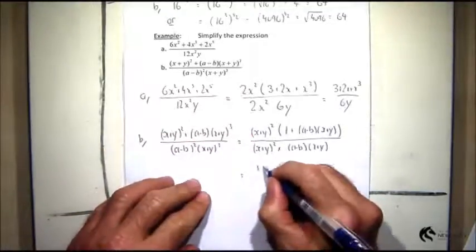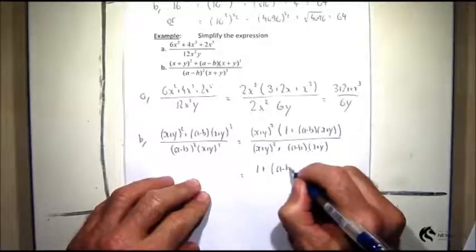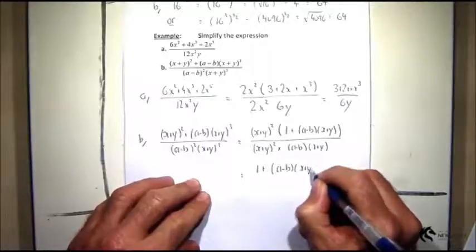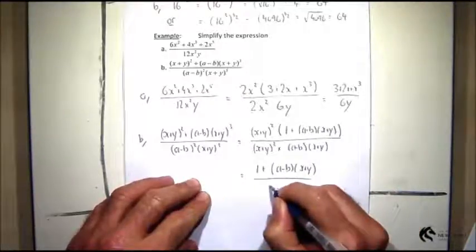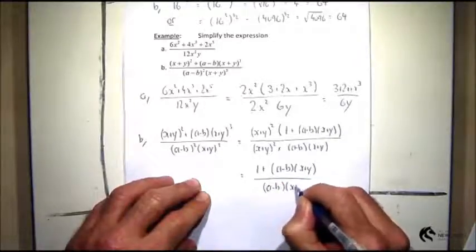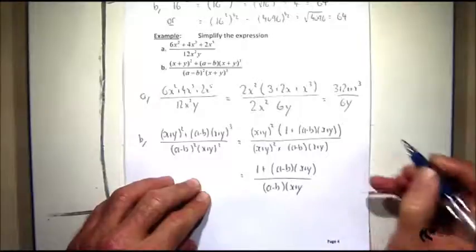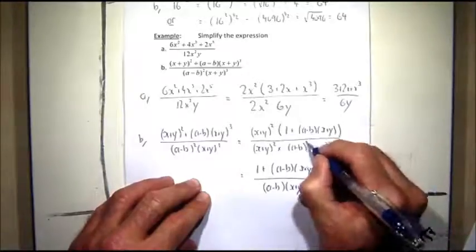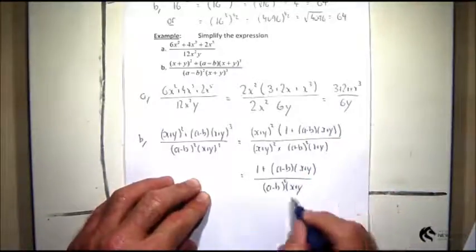And so I'm left with 1 plus (a minus b)(x plus y), all over (a minus b) squared times (x plus y). Oops, there must be a squared in there somewhere. I've left that out. There we go, squared.